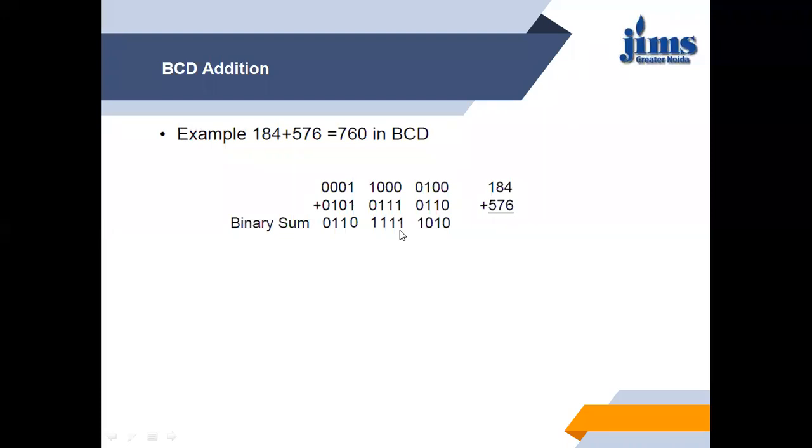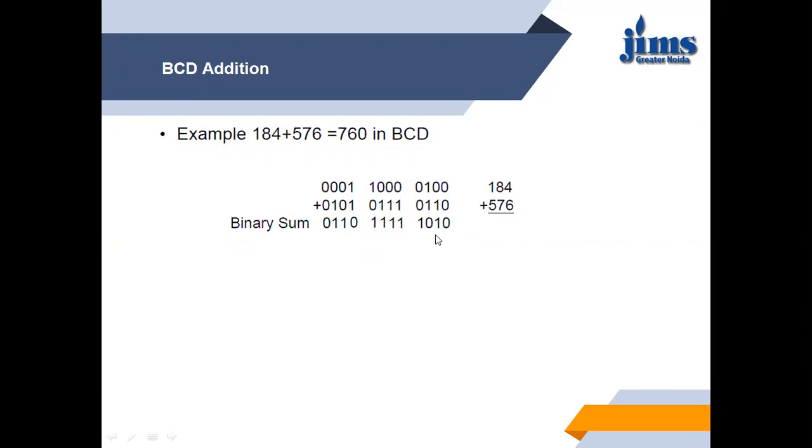So what we do, we have this sum, and this correction is done where there is any unused state. Here there are three combinations: 1010, 1111, and 0110. 0110 is nothing but 6. That is okay, that is a BCD. This is 15, which is not a BCD. This is 10, which is not a BCD.